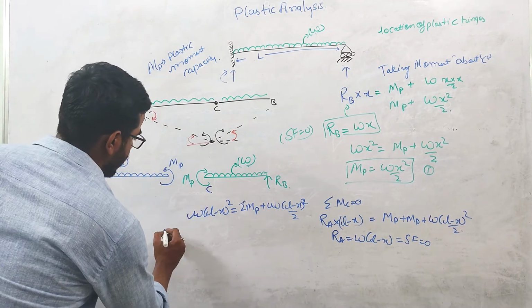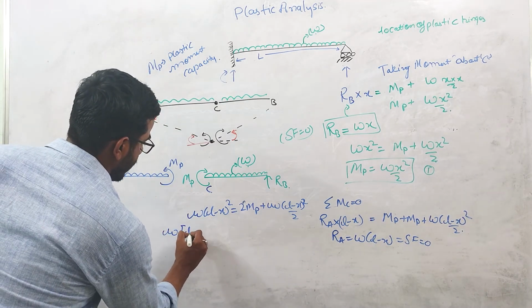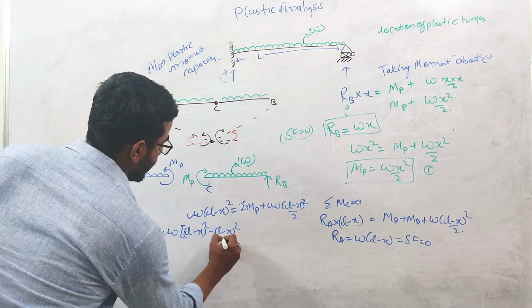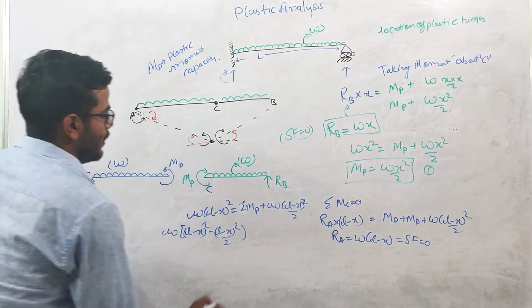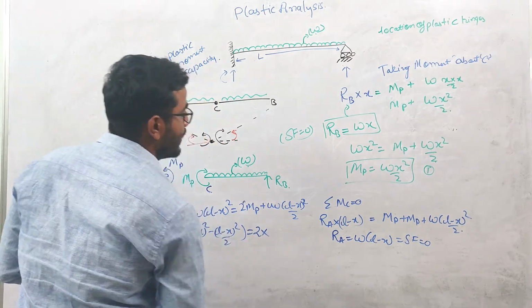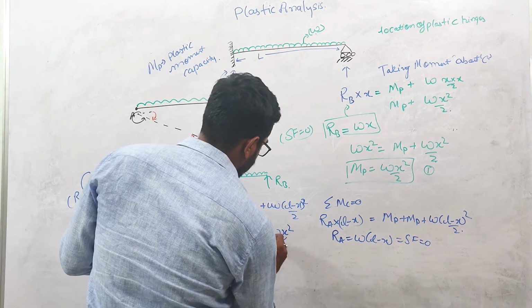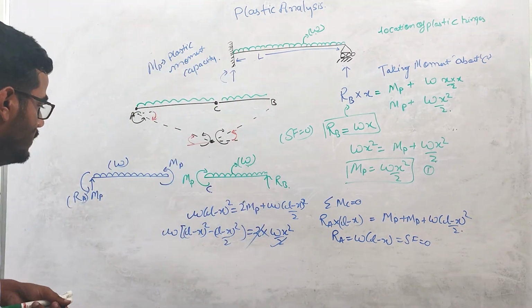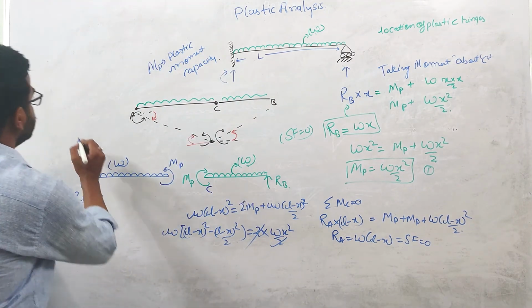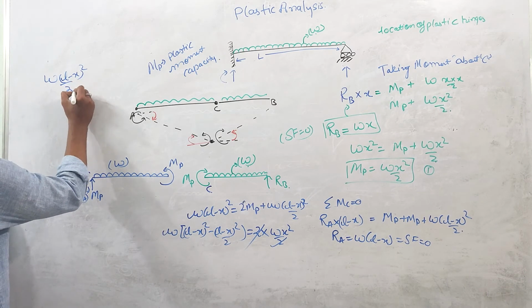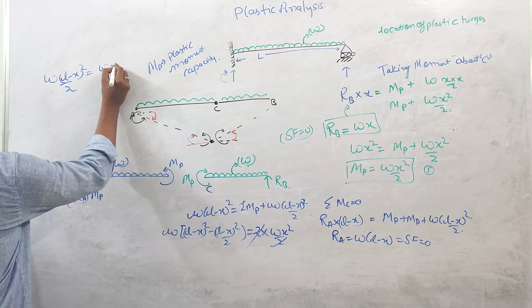If you shift this thing over here, W common, (L minus X) whole square minus (L minus X) whole square divided by 2 equals 2 into MP. MP is what? Wx square by 2. This thing will cancel out. So this is W(L minus X) whole square by 2 equals Wx square.